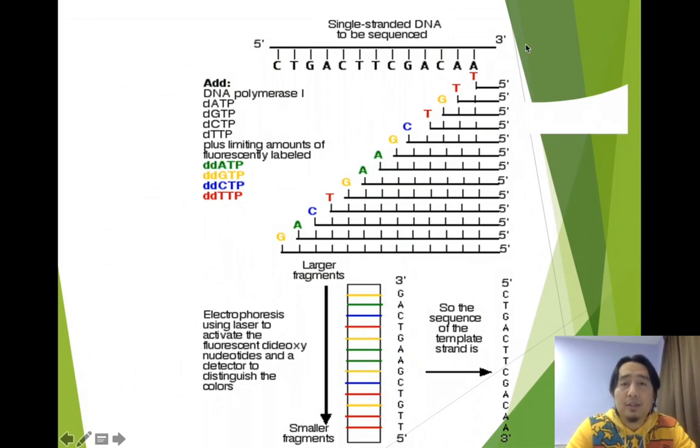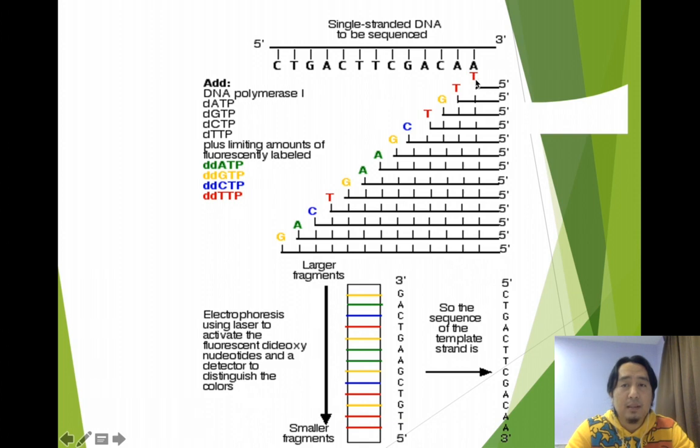Okay, so for example, this is your target sequence, the unknown sequence. And when you add DNA polymerase, the dNTPs plus limited amounts of fluorescently labeled ddATP, ddGTP, ddCTP, ddTTP, the new strand will grow like normal DNA. So whenever the polymerase uses ddNTP, the elongation reaction will stop.